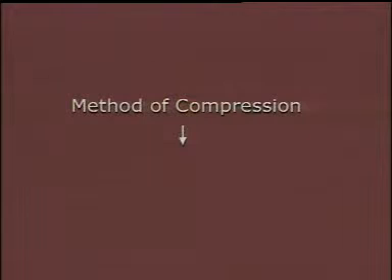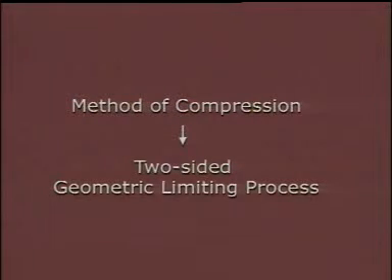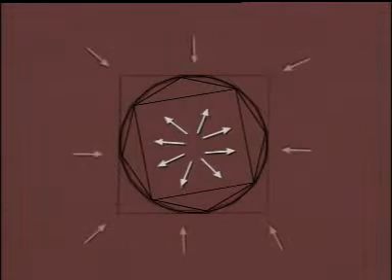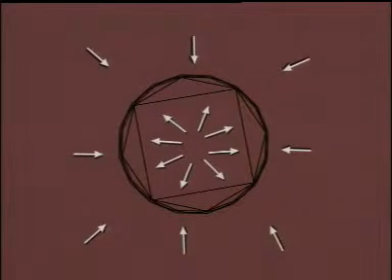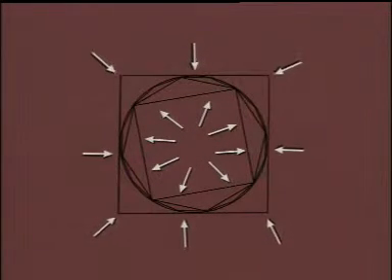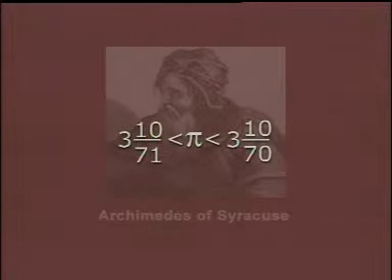As you may have noticed, the method of compression in principle shares a lot with the modern-day two-sided geometric limiting process. Archimedes employed this technique on a circle and obtained the inequality 3 10/71 is less than pi is less than 3 10/70, towards an estimation of the value of pi.